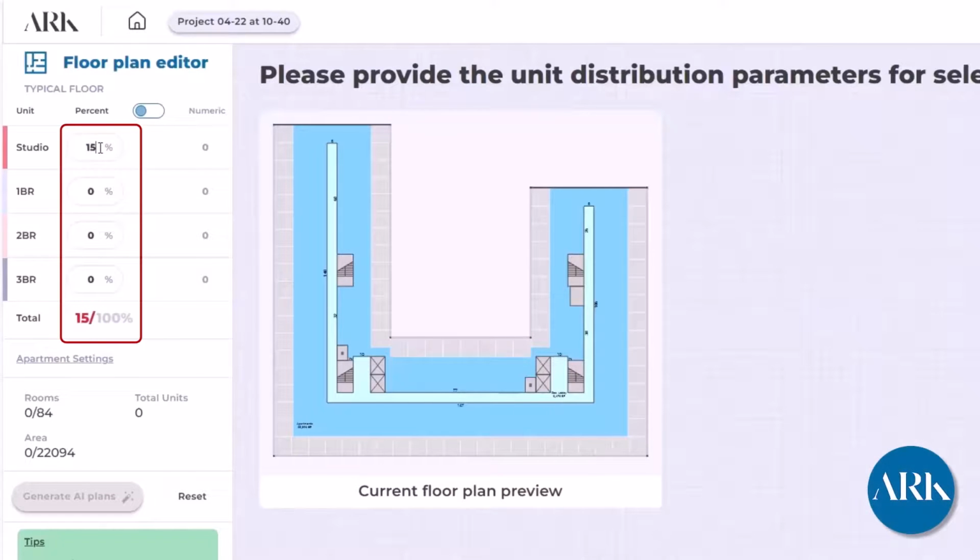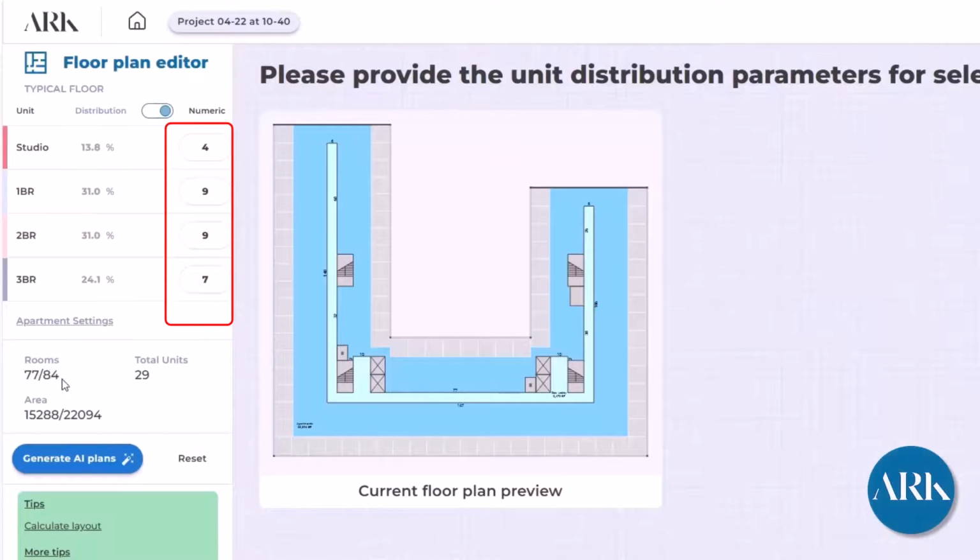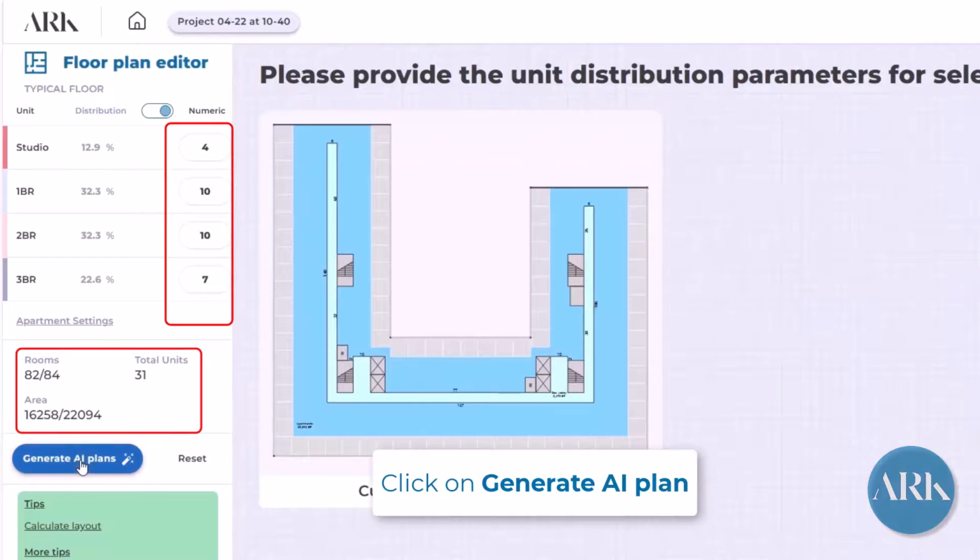Let's say I would like 15% studios, 30% one bedrooms, 30% two bedrooms, and 25% three bedrooms, and we're reaching 100%. We can move to numeric and tweak it better, because we can maximize that to 84 rooms, and we are only at 77. So I would like to add another one bedroom and another two bedroom unit, and we're fine. We're still under the 84 rooms. Generate the plans.